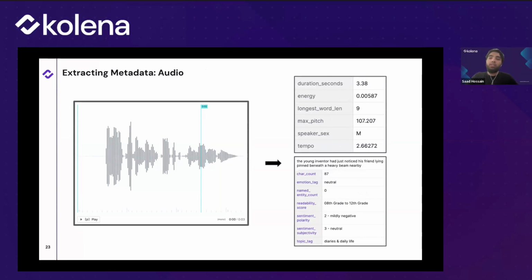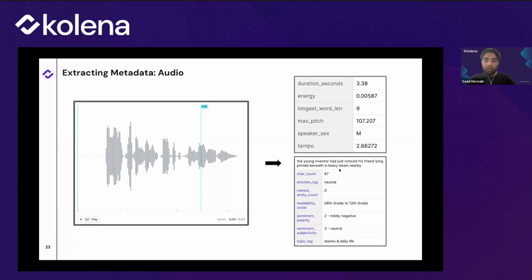So over here, we see that we have energy, which is essentially the power of the signal. We also see how long the signal is, the sex of the speaker, as well as things like pitch and tempo, which are more specific to audio and can help us understand our audio data set better.